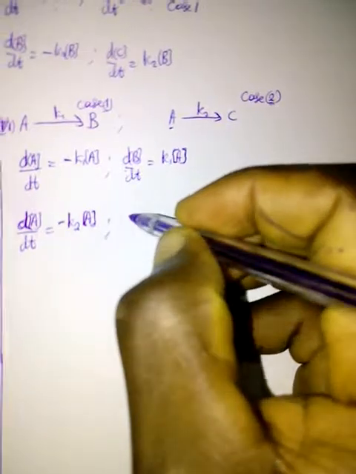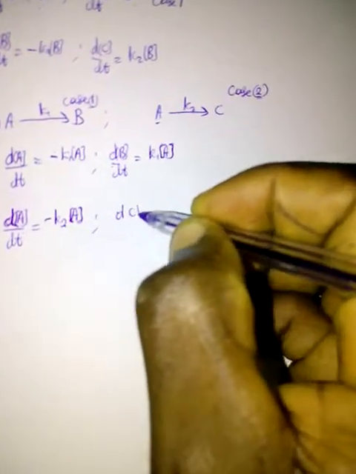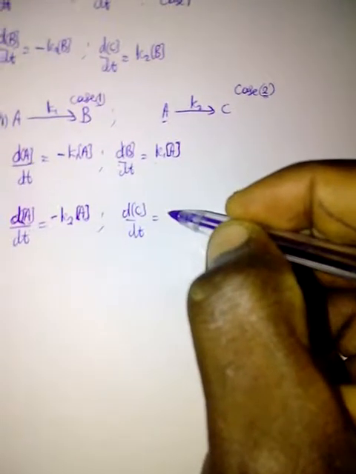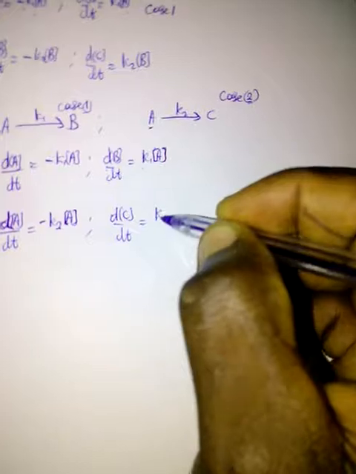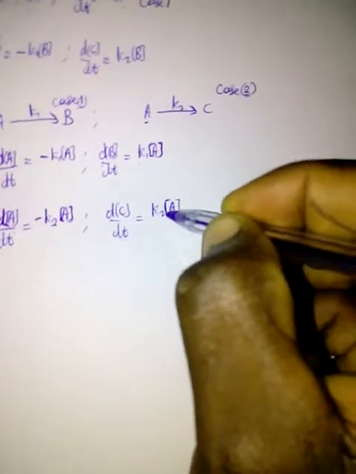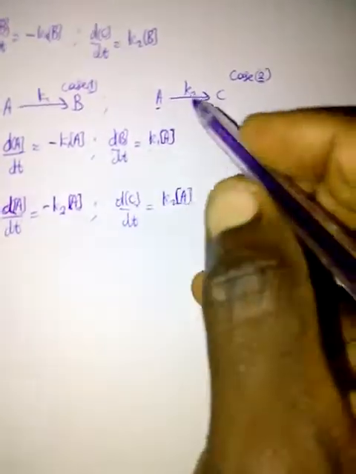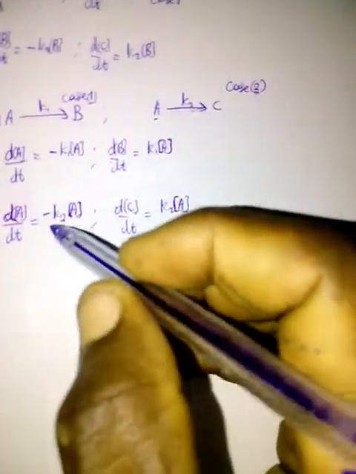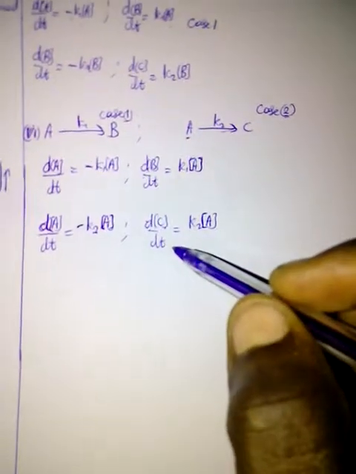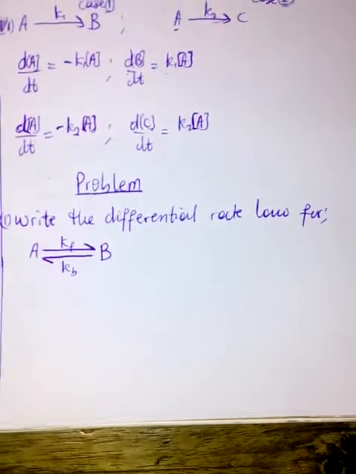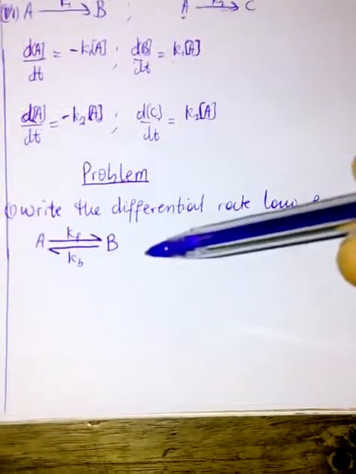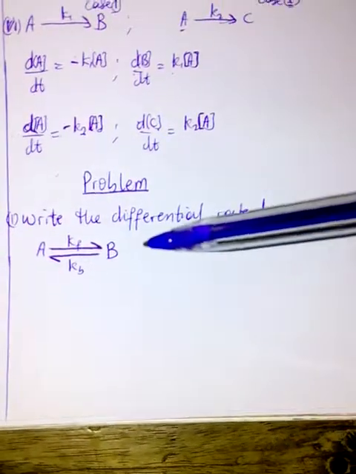So for the product, d[C]/dt equals K2[A]. So you are either writing in terms of reactants or products. These are products in this case, and these are reactants. The only difference is that there will not be a negative sign for the product. So write the differential rate law for this in terms of A and B.